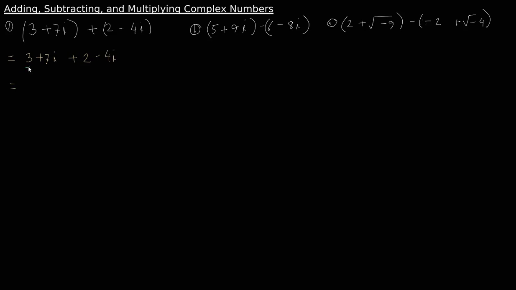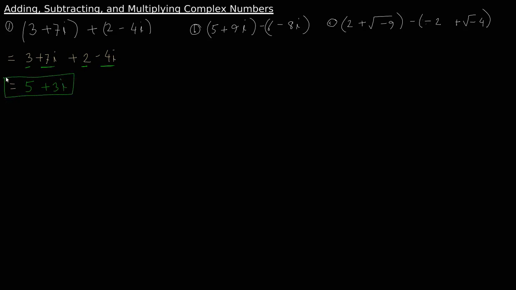So I can add real number 3 with real number 2, so it will be 5, and then I can add imaginary with imaginary. Here I have positive 7i, here I have negative 4i, so in total I'm going to have positive 3i. This is the answer for the first one.